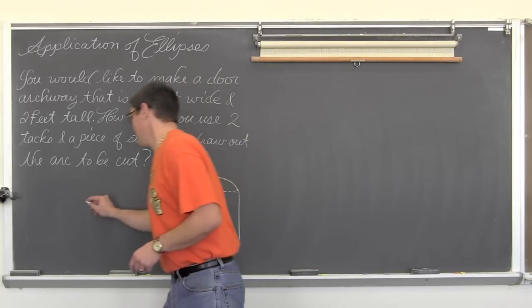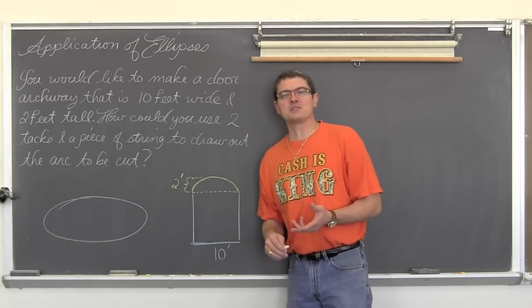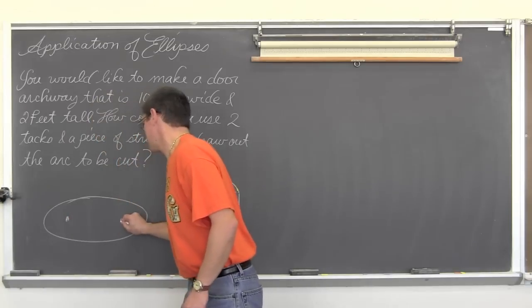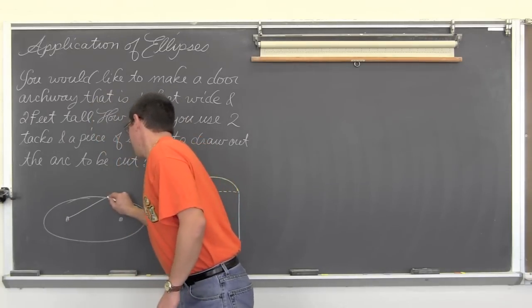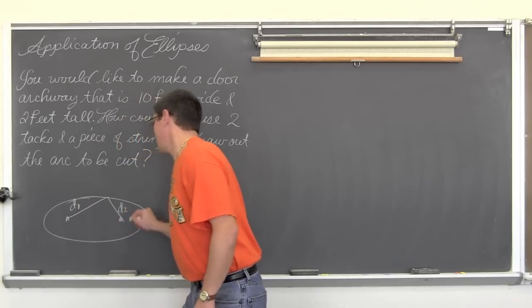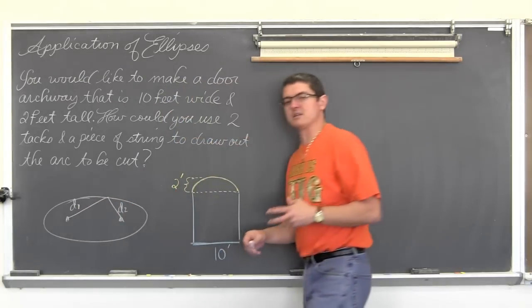Well, one of the properties of ellipses, and this is just going to be a pretty rough sketch, is that when you go from focus point to focus point, you get 2 distances, D1 and D2, and that is a constant sum.